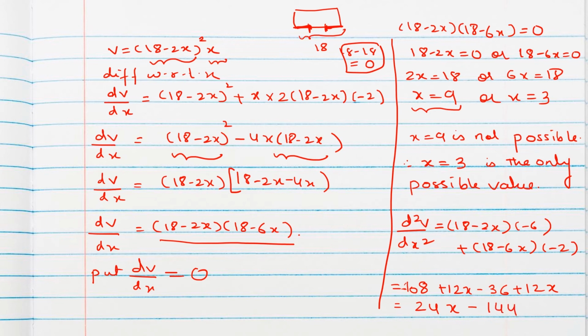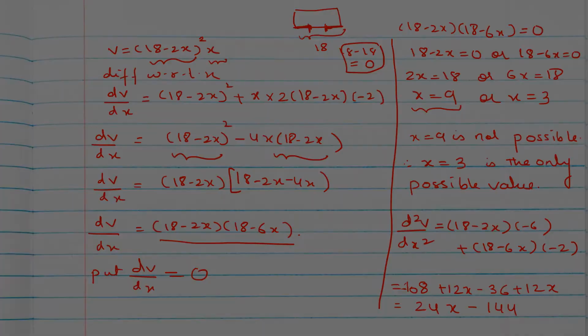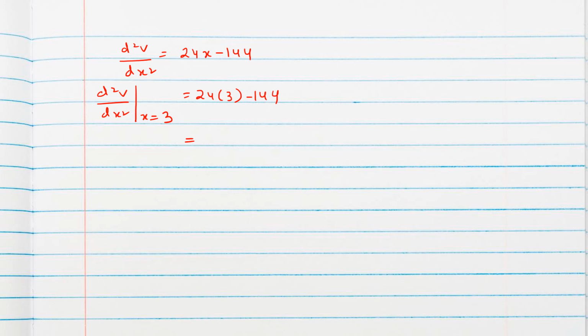Okay, so now we'll put x value 3 here. d square V by dx square we got 24x minus 144. So d square V by dx square at x equal to 3 will be 24 into 3 minus 144. This is 72 minus 144. This will be minus 72, which is negative.